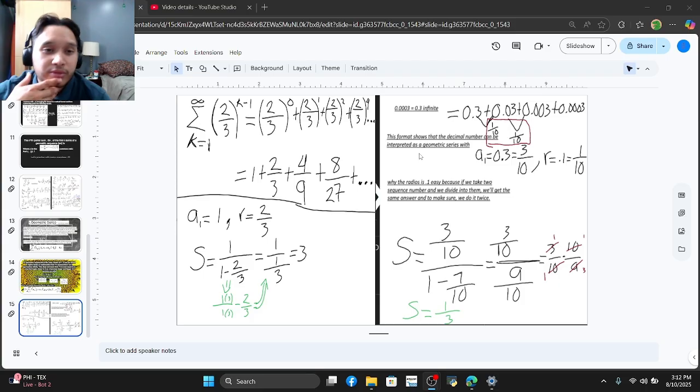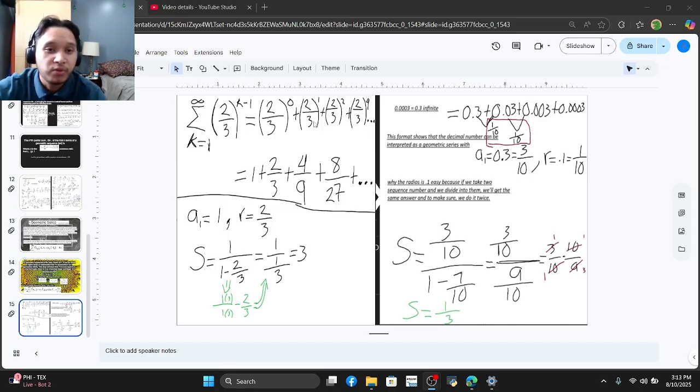So if you have 0.3 or 0.0003, as you see here, we're trying to get the ratio.